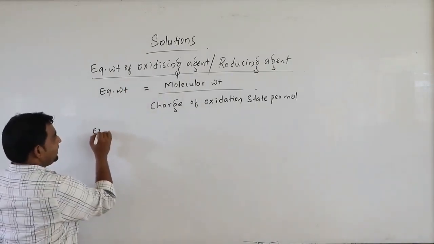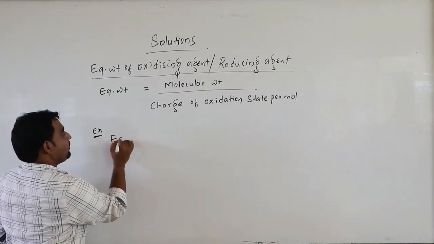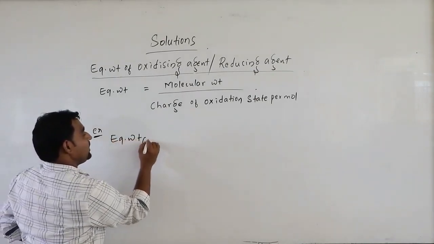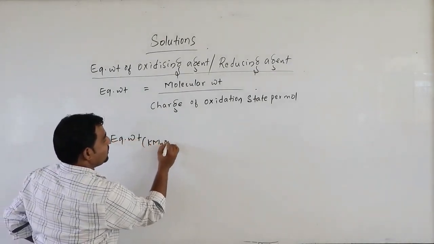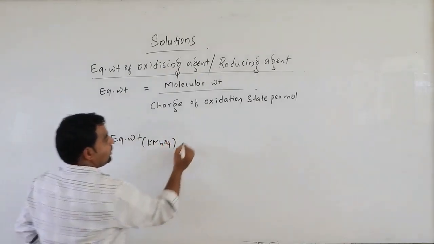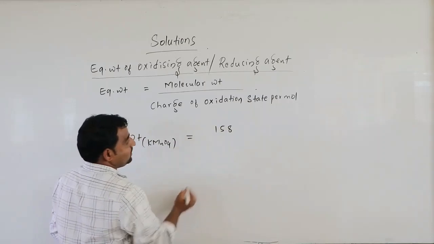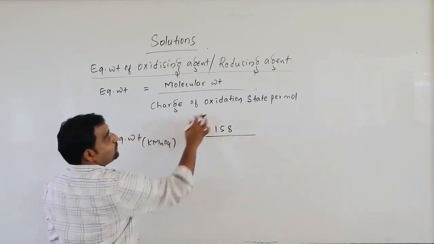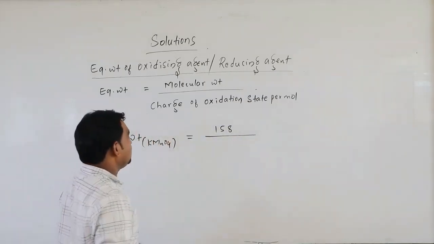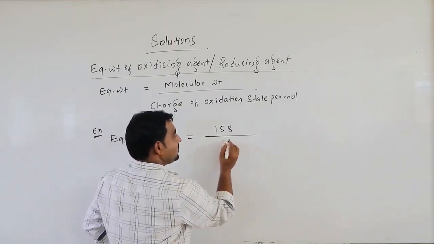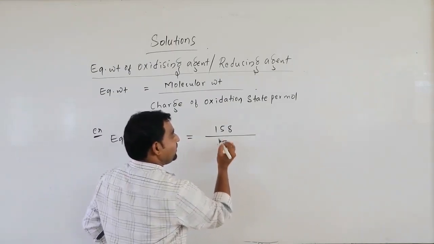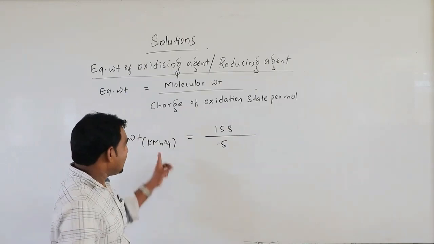For example, take the equivalent weight of KMnO4, potassium permanganate. The molecular weight of KMnO4 is 158, and the change in oxidation state per molecule is 5. How many electrons are transferred here?